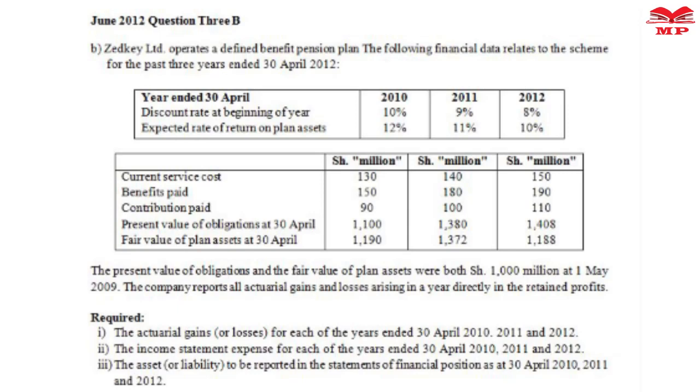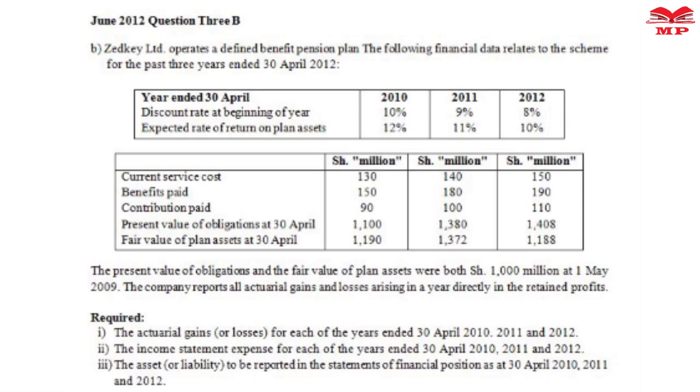It goes, ZK Limited operates a defined benefit pension plan. The following financial data relates to the scheme for the past 3 years, ended 30th April 2012. We have the year ended 30th April, discount rate at the beginning of the year, expected rate of return on plan assets, the current service costs, benefits paid, contribution paid, present value of obligations as of 30th April, fair value of plan assets as of 30th April.